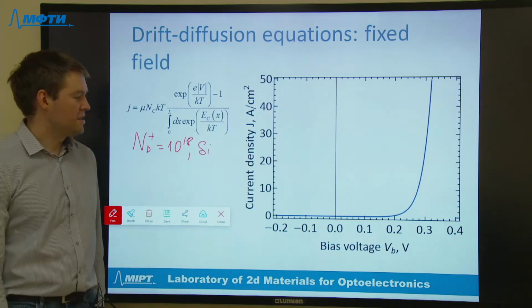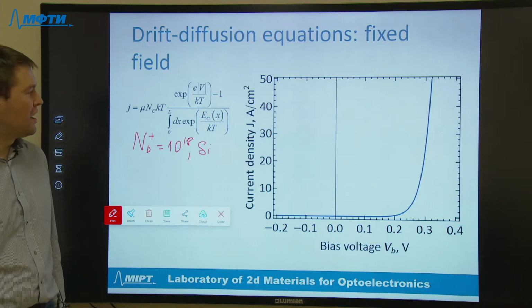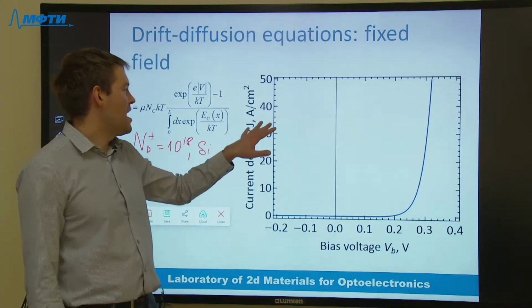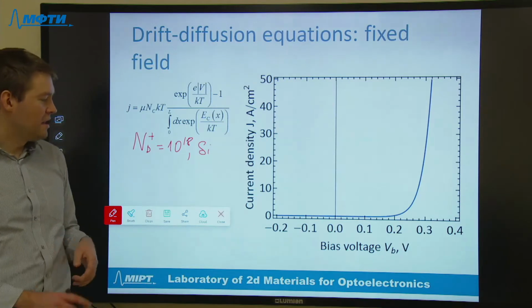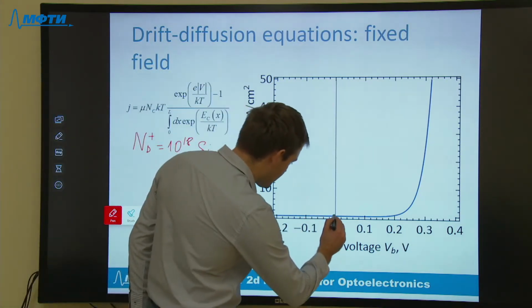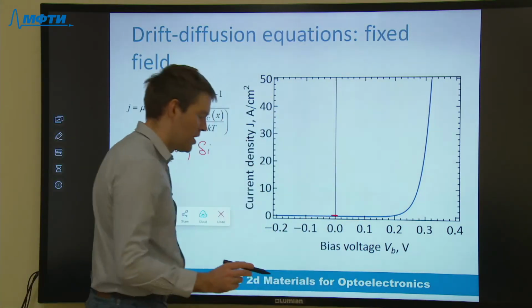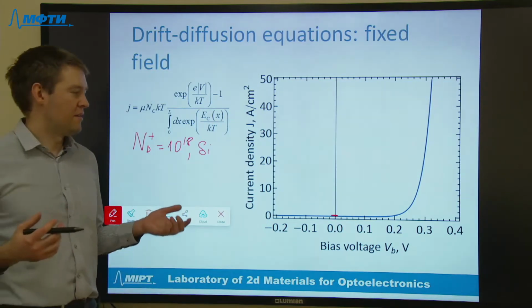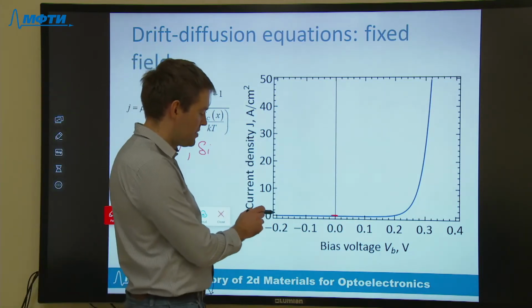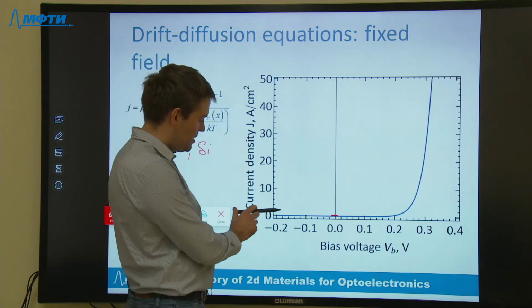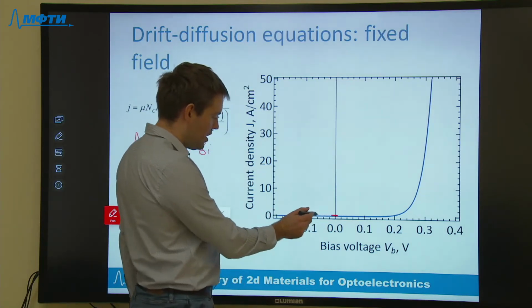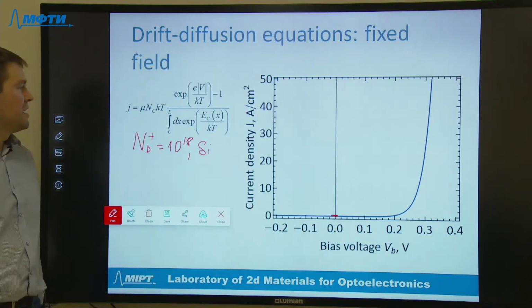So the typical current densities are roughly tens of amps per centimeter squared. The current is exactly zero at zero bias, governed by equilibrium considerations, and it is exponentially small on the left side.